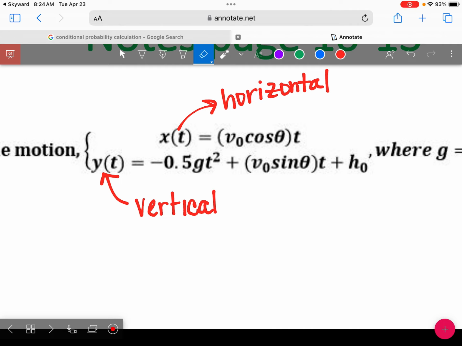So now let's look at both of these parameters and dissect it a little further. Notice that they both have this v sub 0. I'm going to highlight it actually. This v sub 0 that you see in both represents velocity. So v sub 0, that's your velocity, which will always be given to you.